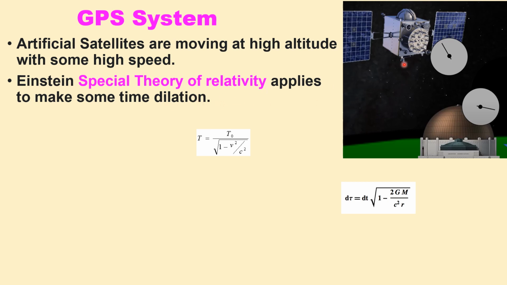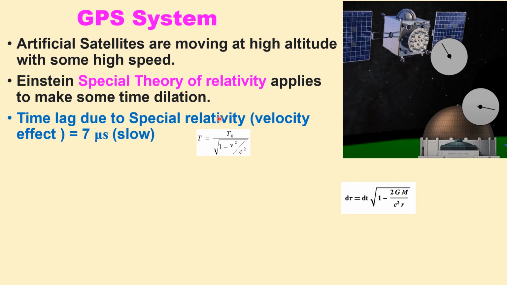One is due to the orbital velocity v, and due to this v, the special theory of relativity tells us there is time dilation t = t0 divided by the square root of 1 minus v²/c². So the clocks in this moving satellite get slowed by 7 microseconds. If we do the calculation using the velocity of the satellite, there is a time lag of 7 microseconds.